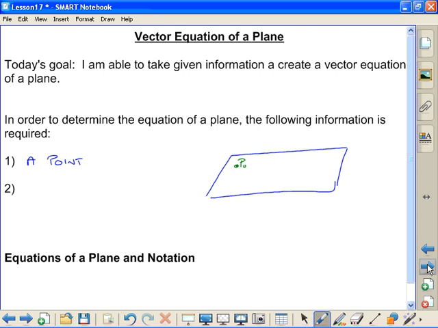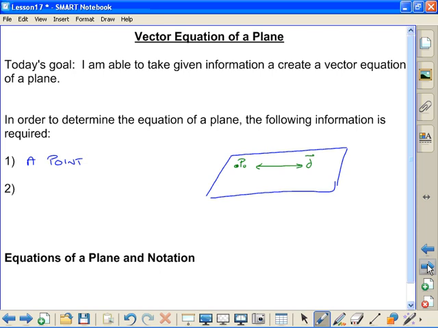Now with a line, we needed to know a direction vector. If it was a line going through P naught in this direction, we needed a direction vector. But now our line has width, so to speak. Rather than being infinitely thin, we now have some width.